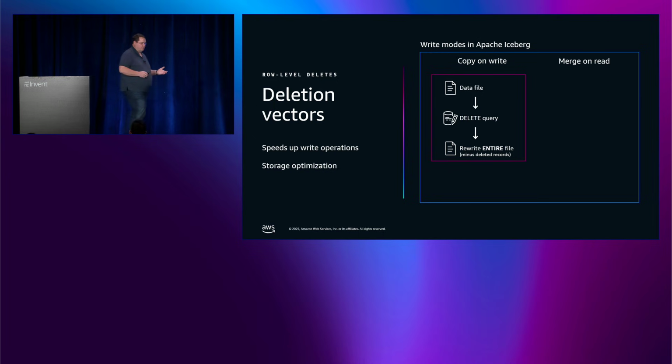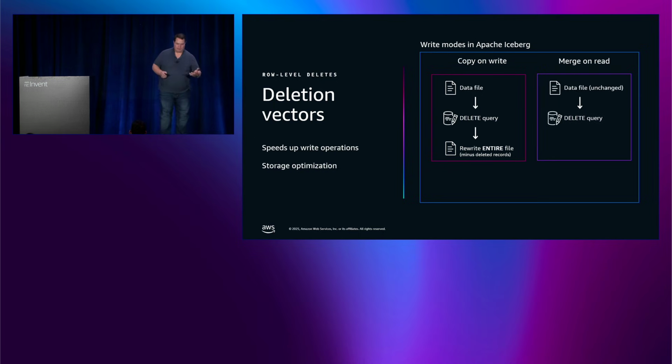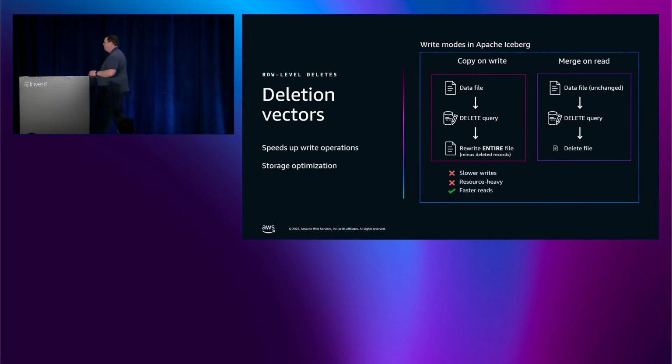Conversely, with merge on read, that same model, data file, delete query, I'm just writing a delete file with one record in it, one positional delete, or one delete condition, depending on the type of row level delete I've implemented. So the write amplification problem is solved. You're going to have faster writes with merge on read and consume less storage, but you're going to pay a tax on the read.